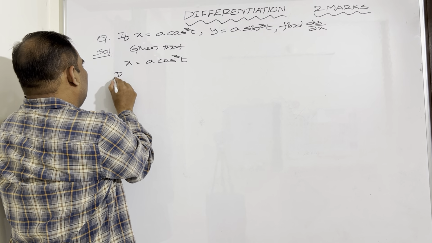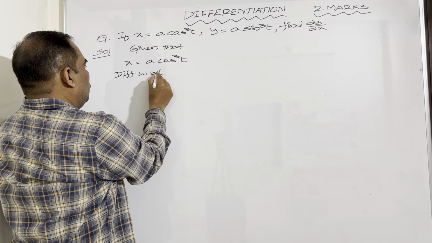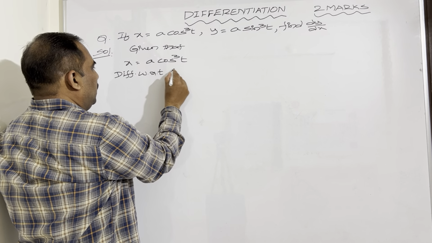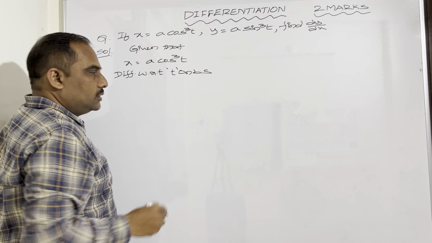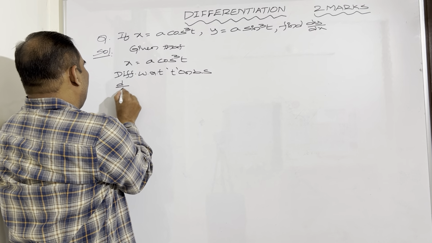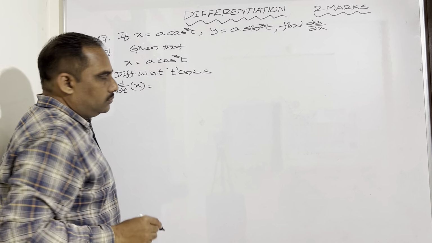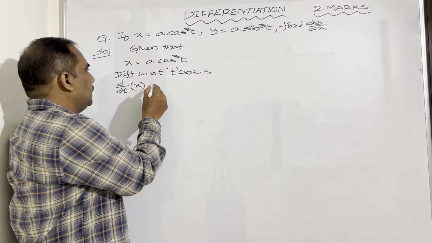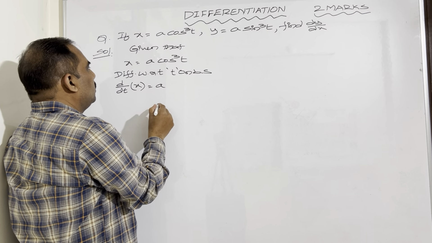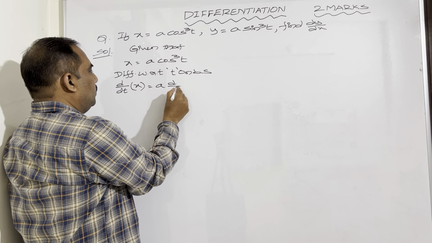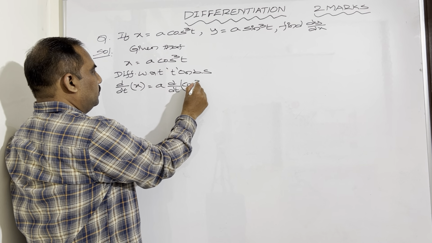So now differentiating with respect to t on both sides. Now we get d by dt of x is equal to, here a is constant with respect to t, so now d by dt of cos cube t.